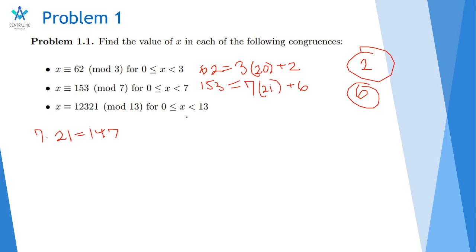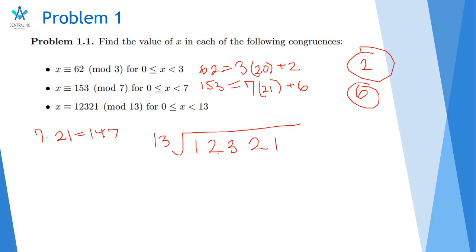1, 2, 3, 2, 1. Okay, I have to break out long division for this because it's not a small number, so I don't know what's going to divide into it. So hopefully long division will give us the remainder. So 13 divides into 123. Oops. Can I remove that? I don't think so. Let me erase it real quick. Okay.